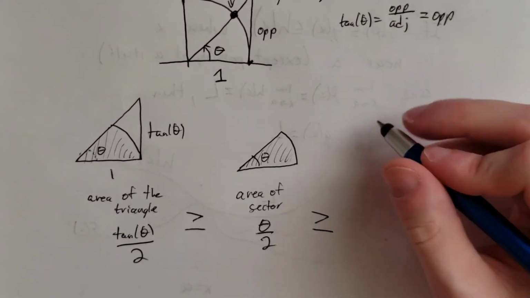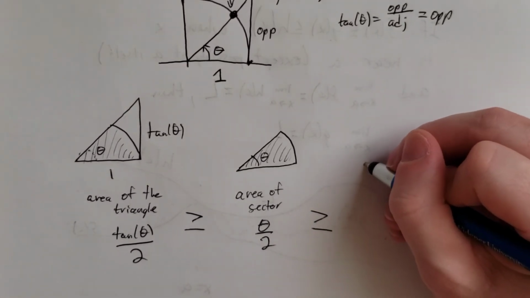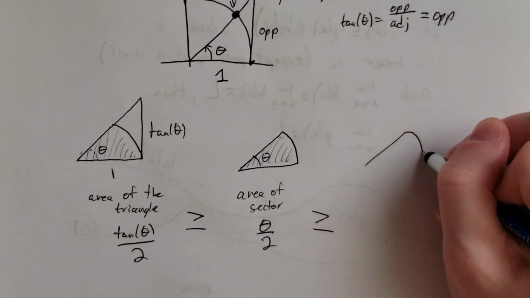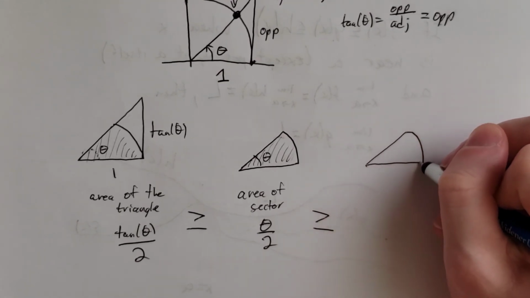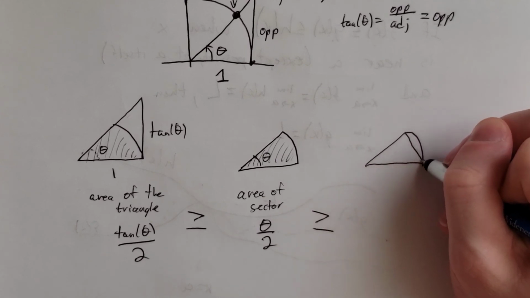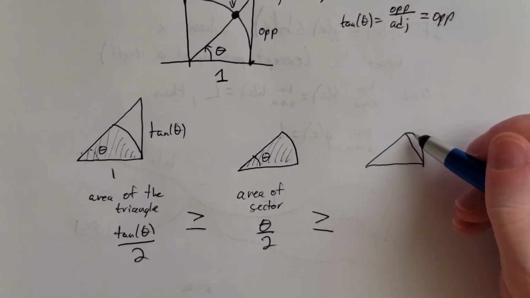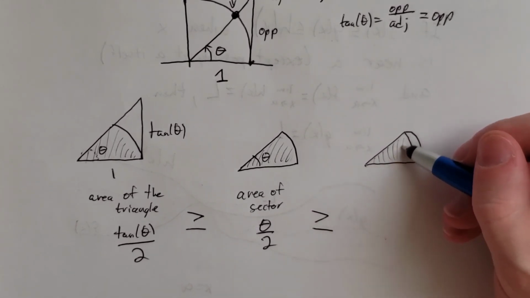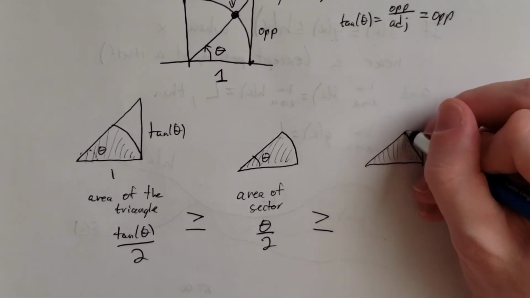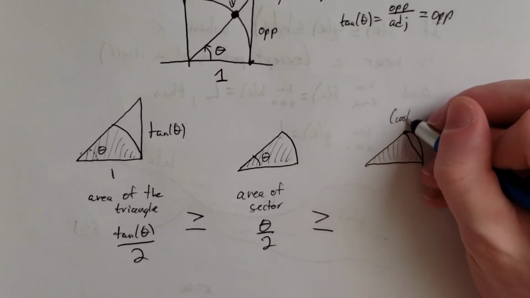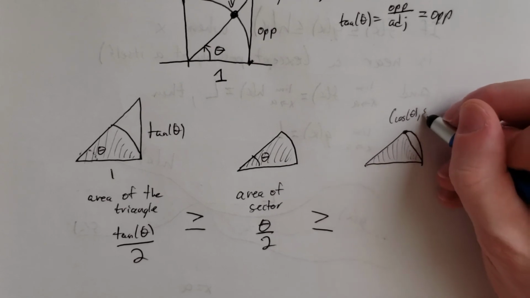And then this third picture, we have again the sector, but we're going to draw a different triangle here. So we have another triangle here, where again this point was cosine theta, comma, sine theta.